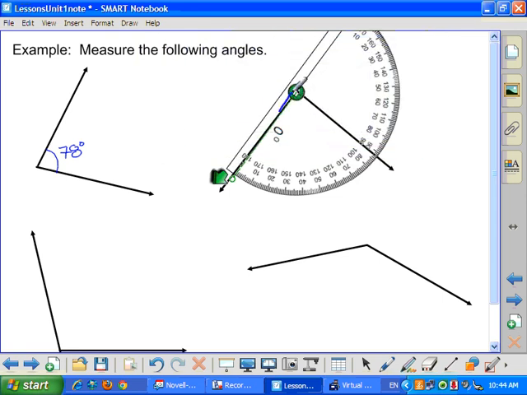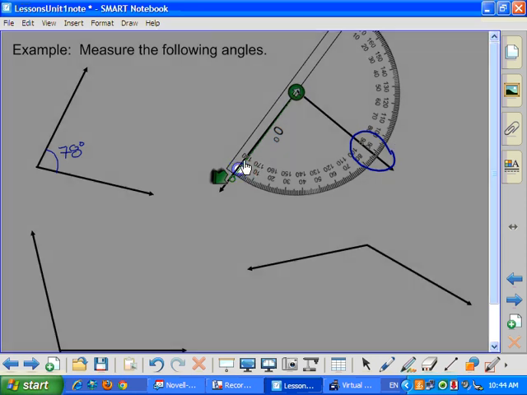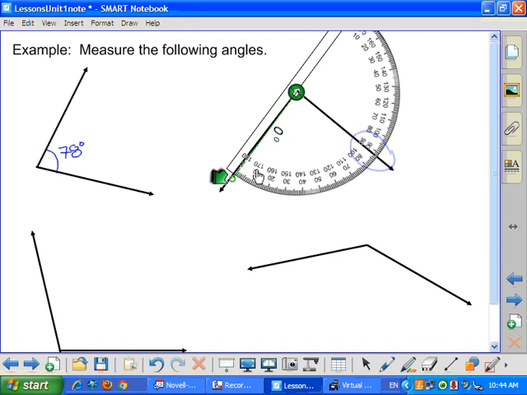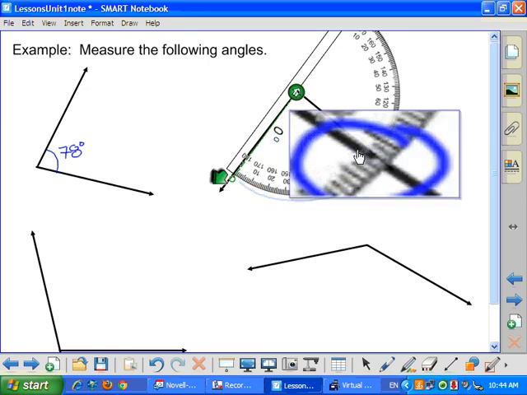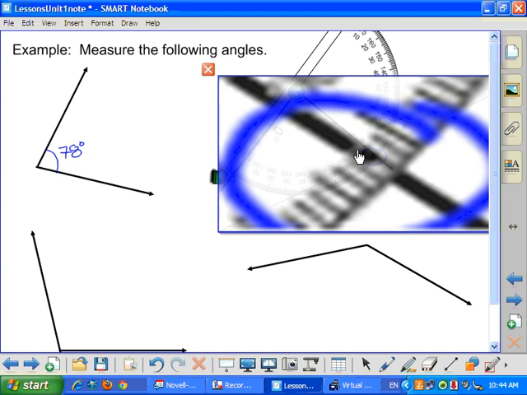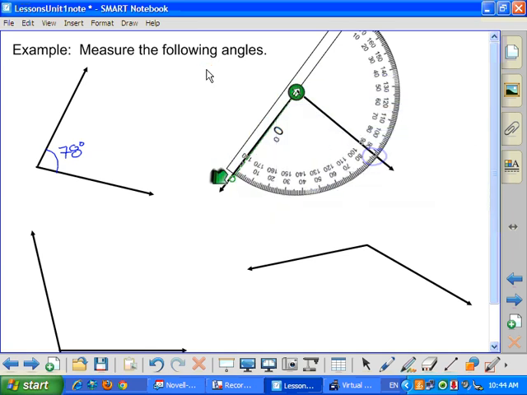Wherever your baseline is lined up, it's on 0. So that's where the line's pointing to, so that's what we're going to count. We're going up along the protractor, and I get 70, 80. Let me zoom in. It looks like I'm 2 dots short of 90 degrees. So this angle that I measured, I'm going to call it 88 degrees.